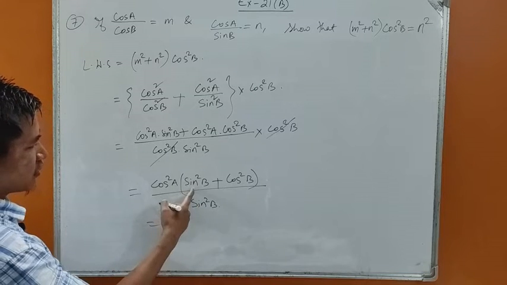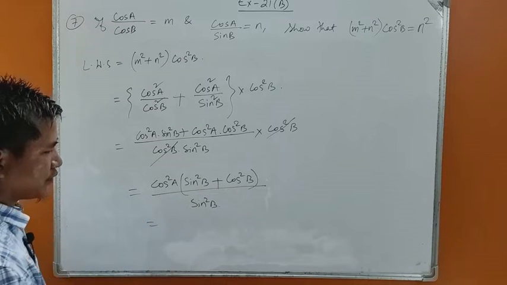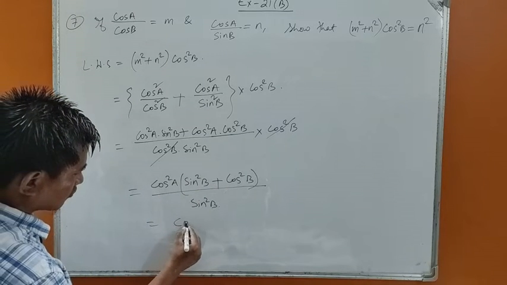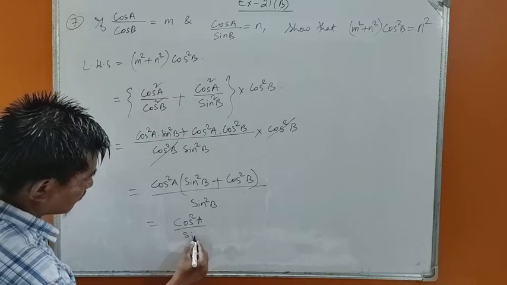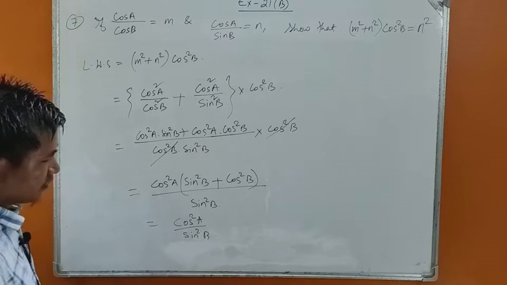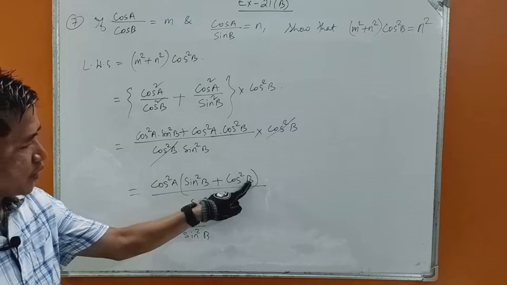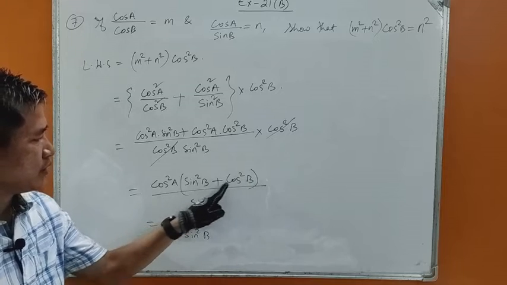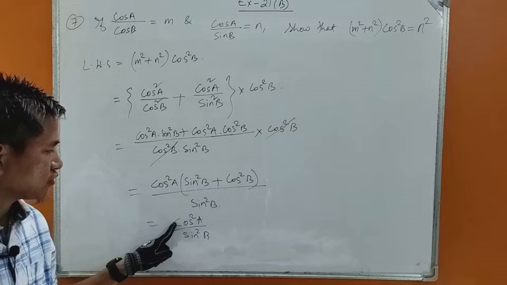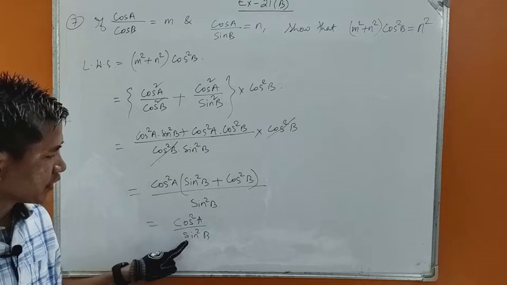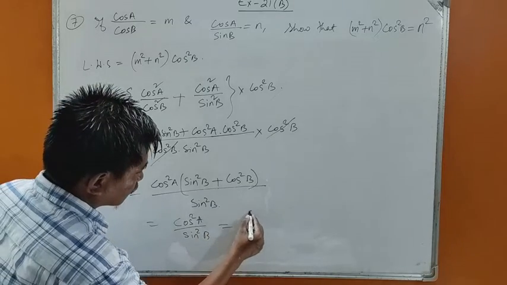So sin square b plus cos square b is 1, the angles are the same, b and b. So 1 into cos square a is cos square a, and in the denominator we have sin square b. So this gives us cos square a upon sin square b.